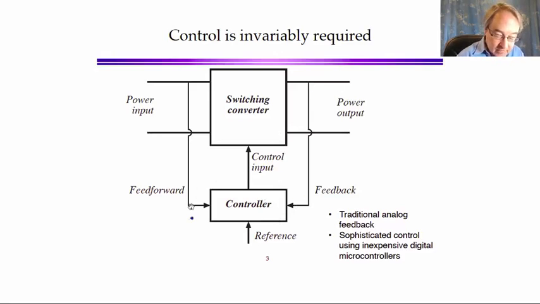So we're generally also building some kind of control system that adjusts the control input to the converter, for example, to regulate the output. We can do this with either traditional analog feedback, or nowadays it's economically feasible to use quite sophisticated control using digital microcontrollers.